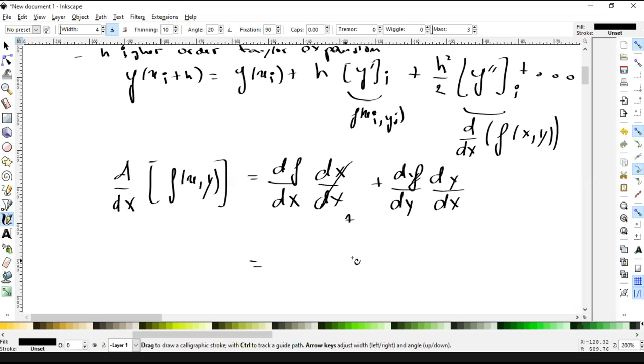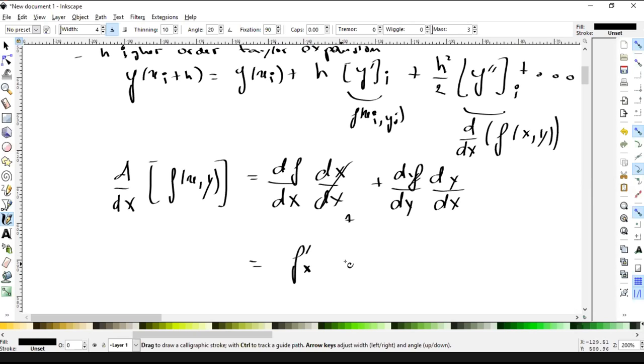So basically this is equal to f prime of x, the derivative of f with respect to x, because f is a function of 2 variables, x and y.